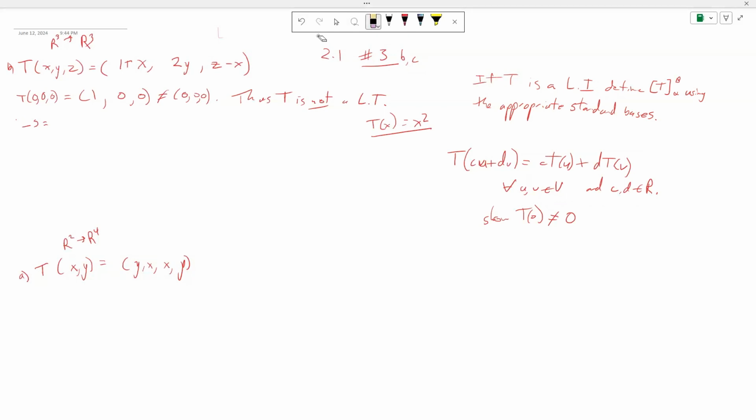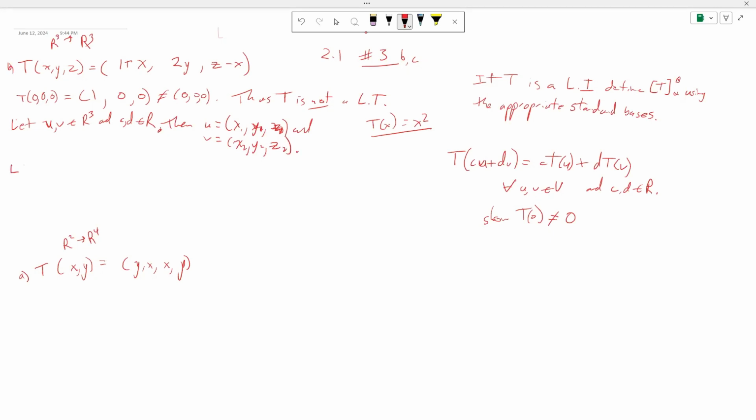We're just going to let u and v be in R3 and c and d be in R. Then u equals x1, y1, z1, and v equals x2, y2, z2.